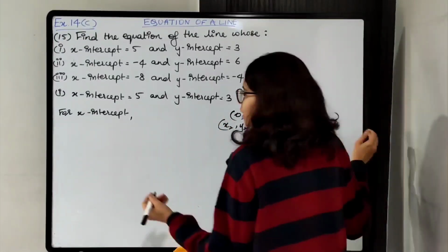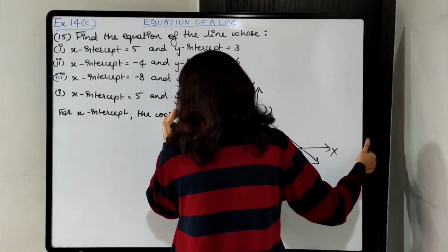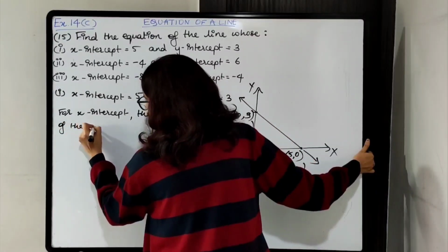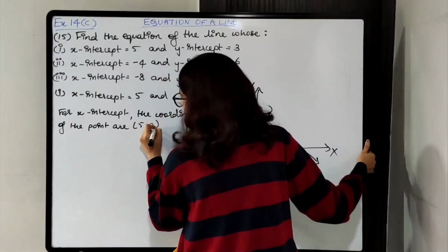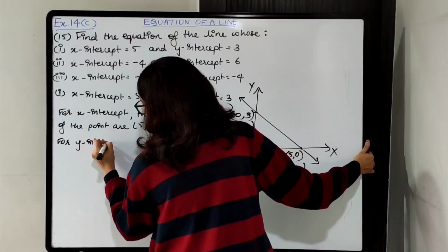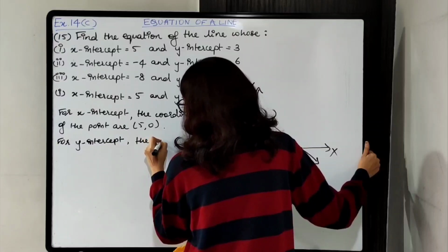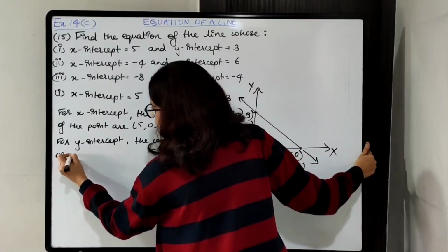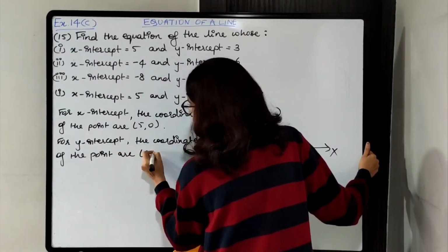So for x-intercept, the coordinates of the point are 5, 0, and for y-intercept, the coordinates of the point are 0, 3.